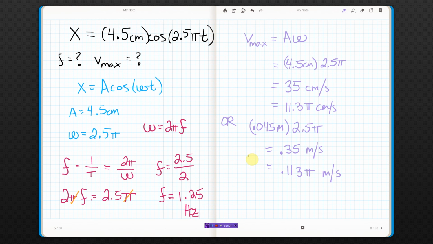Either one of those is fine. So for points, I've got 2 answers here. So let's do a point for each answer, whatever answer it is that you go with. And then a point for the correct units on each answer.